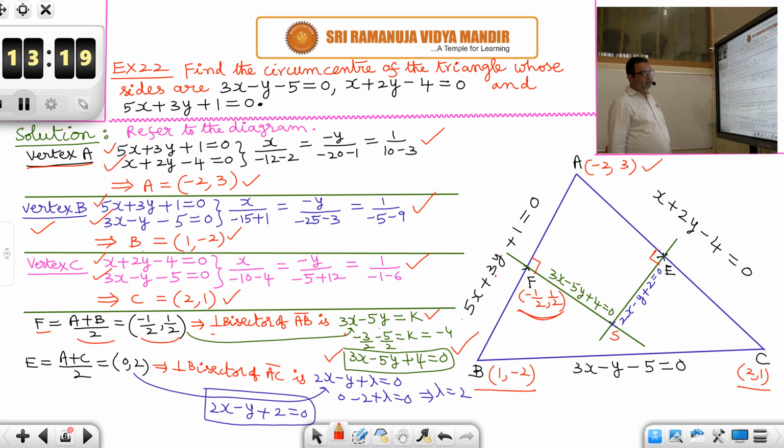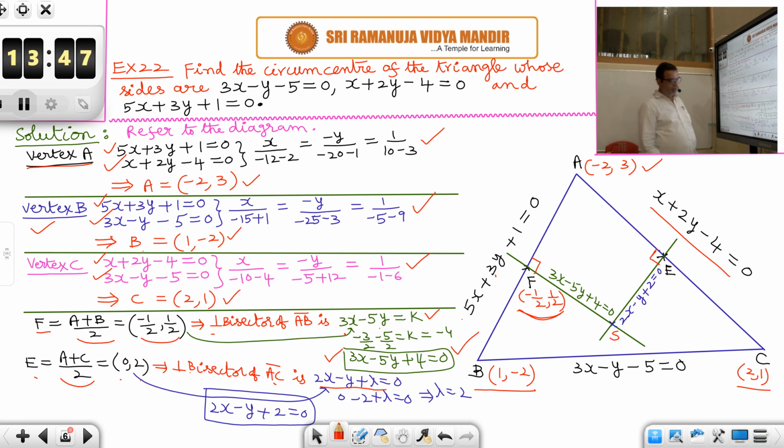Okay. Next, let us find the perpendicular bisector of the side AC. E is the midpoint of A and C, so (A plus C) by 2 is 0 comma 2. So the perpendicular bisector of AC, which should be perpendicular to this line x plus 2y, must be in the form 2x minus y plus lambda equal to 0.